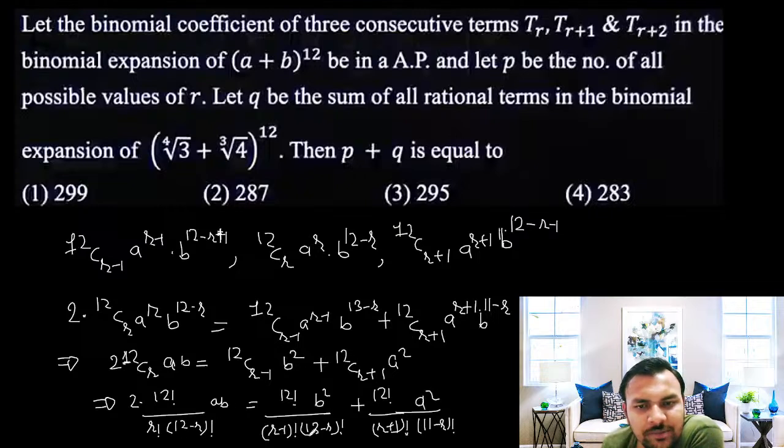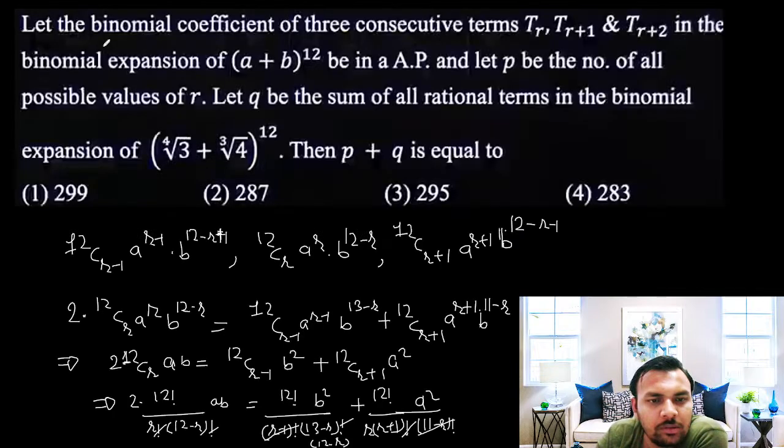Can we have some cancellation? R minus 1, r left. From here we have r and this is gone. From here, 12 minus r.